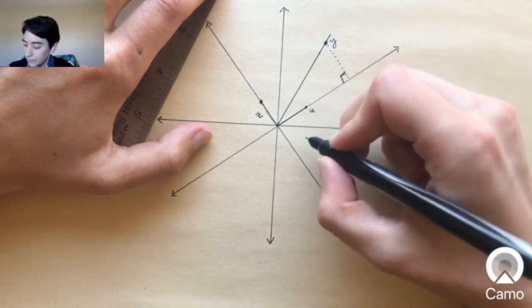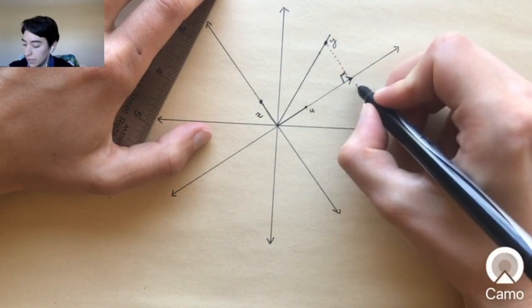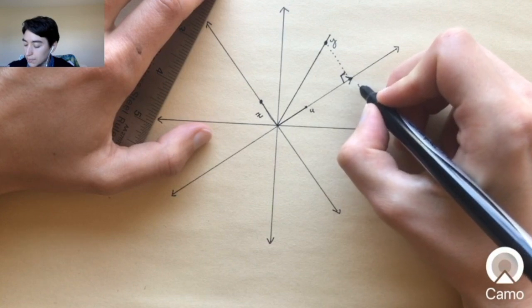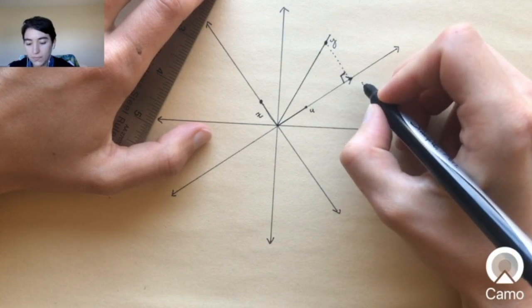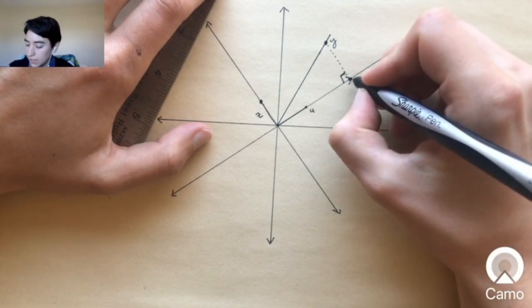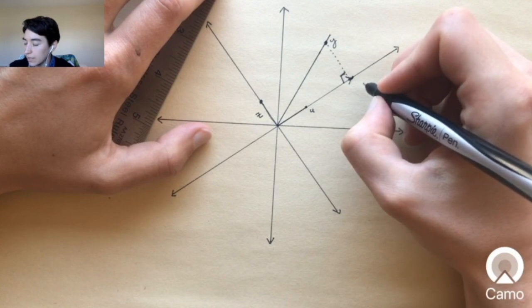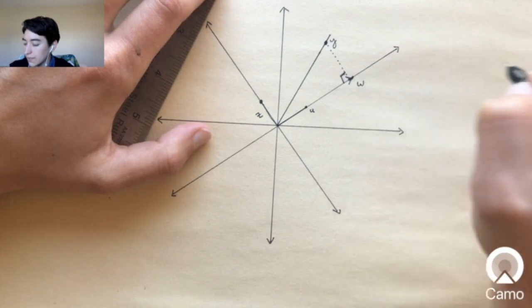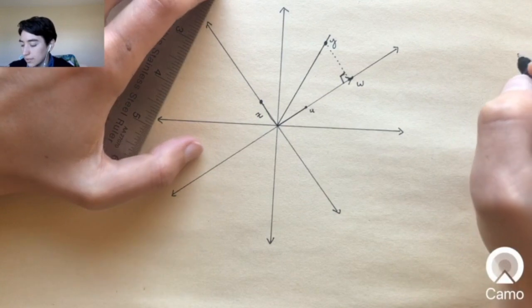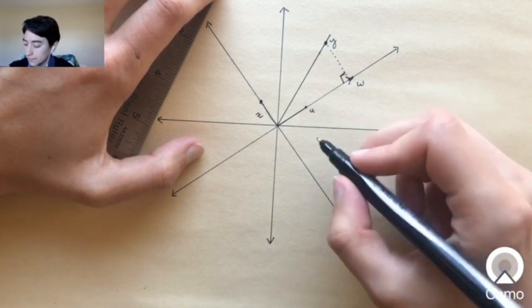And we're going to make this its own vector. I don't like the naming convention used on this. I'm going to call this something else. I'm going to call this W. Yeah, that works. So it's going to be W.